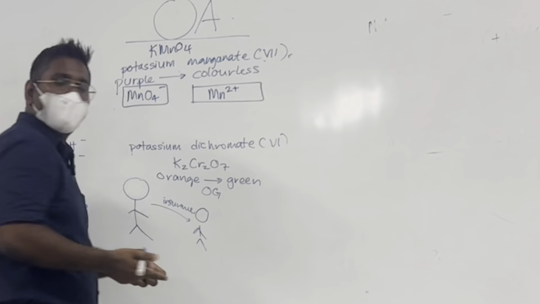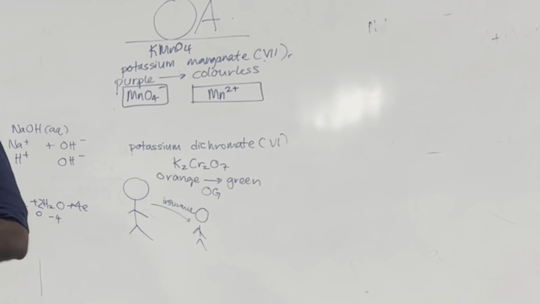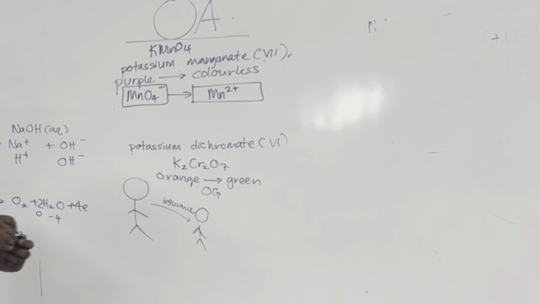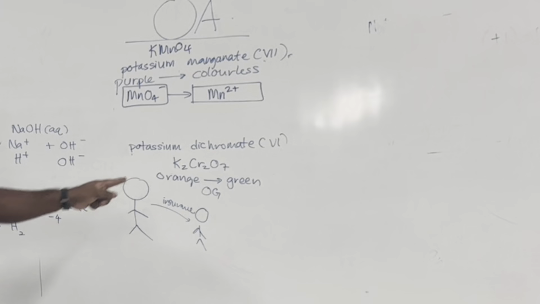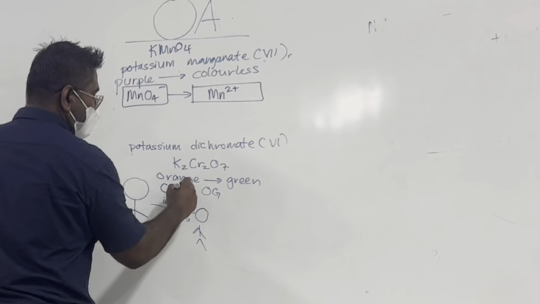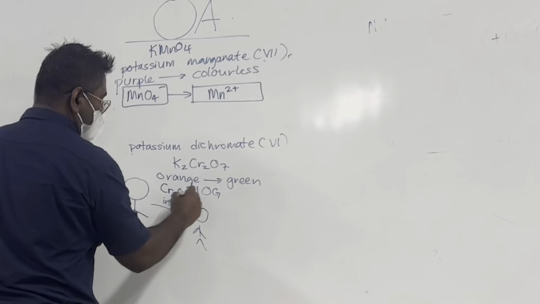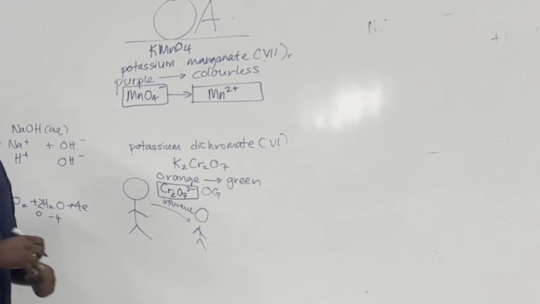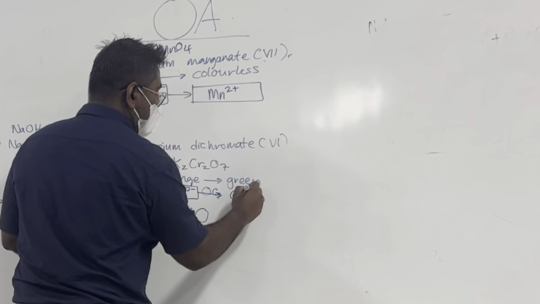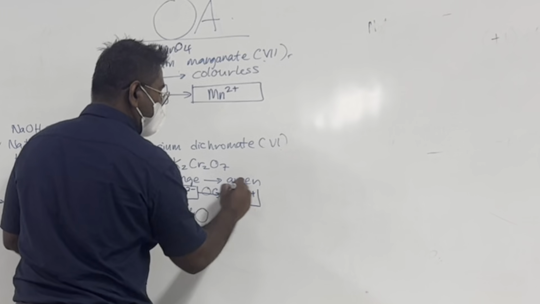Memorize this: MnO4⁻ changes into Mn2⁺. You just need to memorize this and you can solve everything. The orange is given by the Cr2O7²⁻ ion, and the green is given by Cr3⁺.